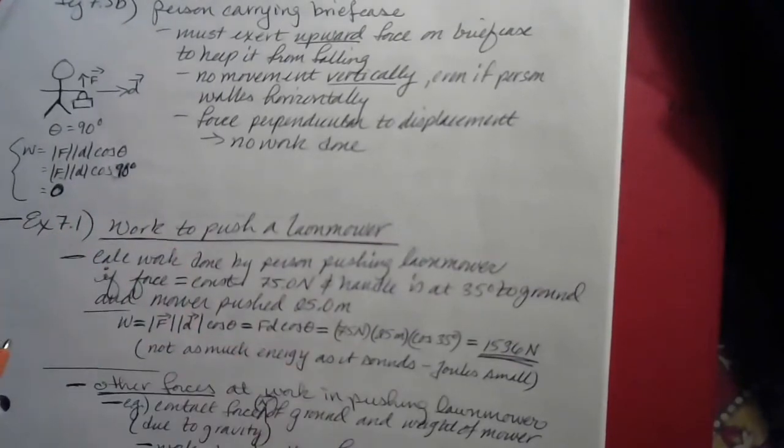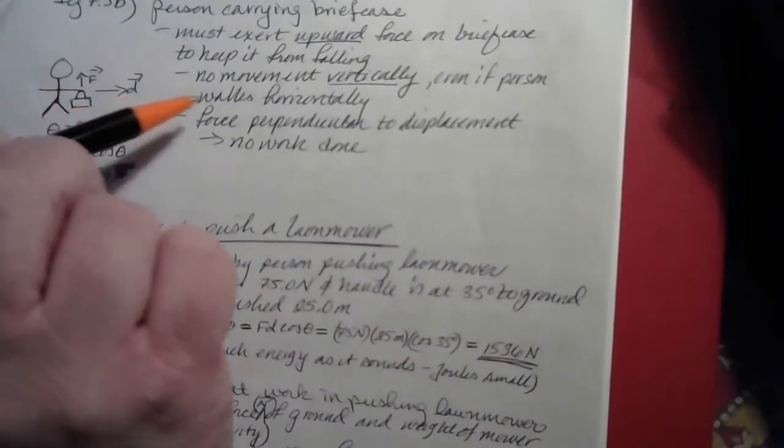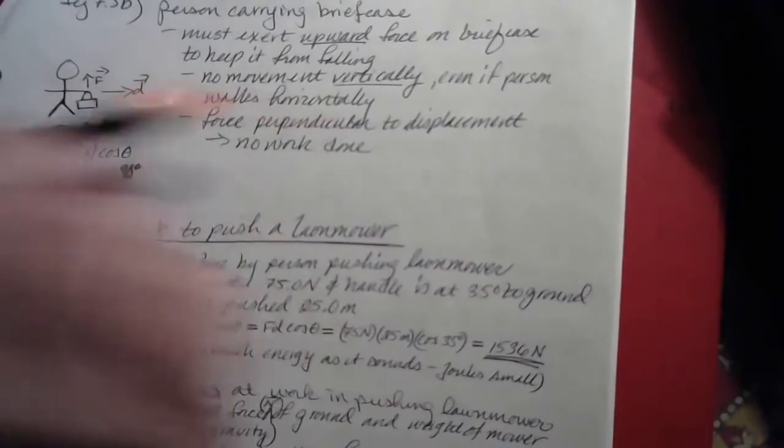And so the work is 0. Now, of course, there is work done in carrying the case horizontally, but there's no work done in keeping it at a certain height.